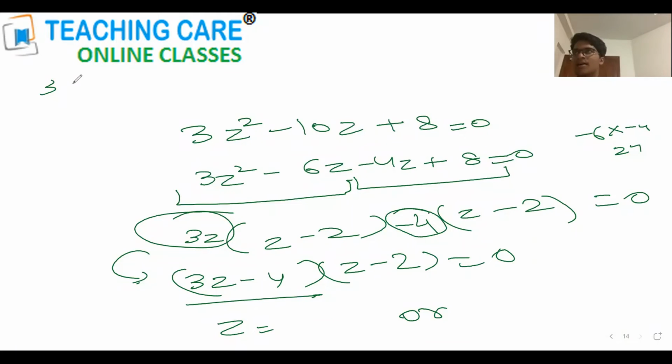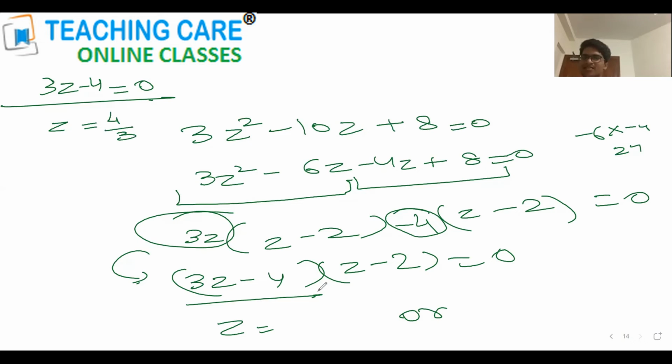Yeah, I know, but how do we find z from there? Divide by 3, so z equals 4 by 3.